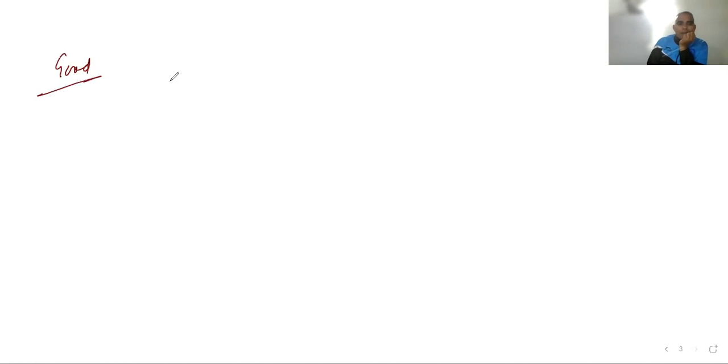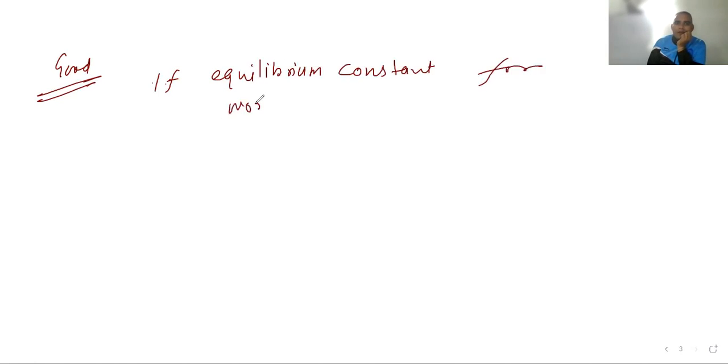See, if the equilibrium constant for the forward reaction is Kc, that is going to be Kc.